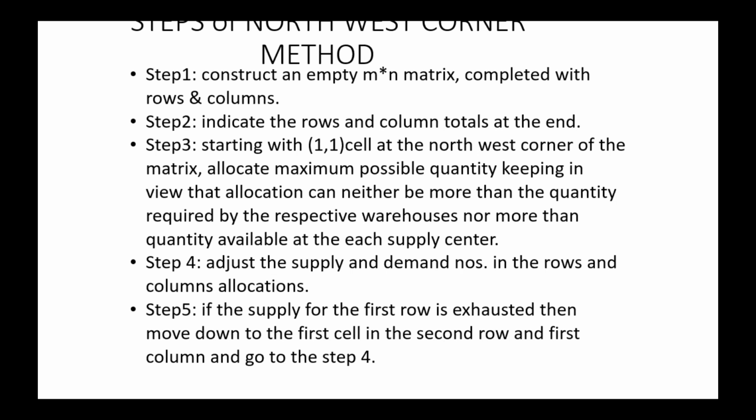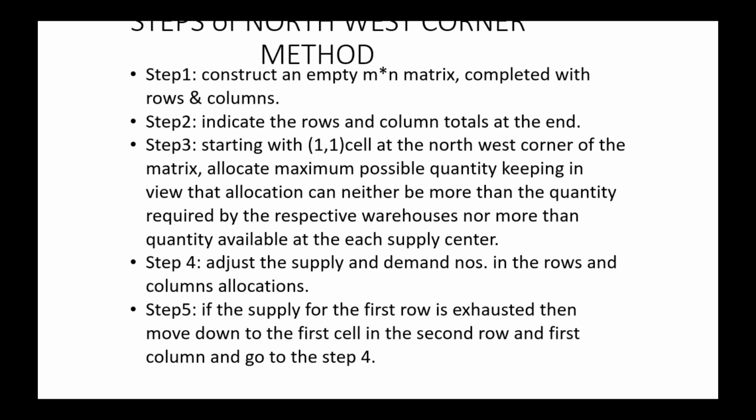Step four, adjust the supply and demand numbers. Step five, if the supply for the first row is exhausted, then move down to the first cell in the second row. Step six, if the demand for the first column is satisfied, then move to the next cell in the second column and first row and go to step four.